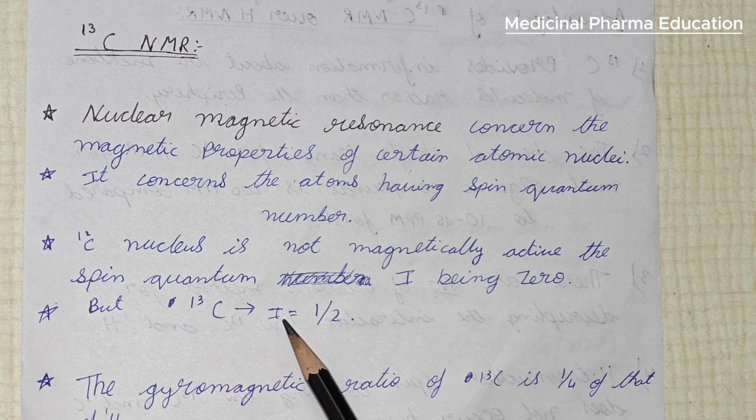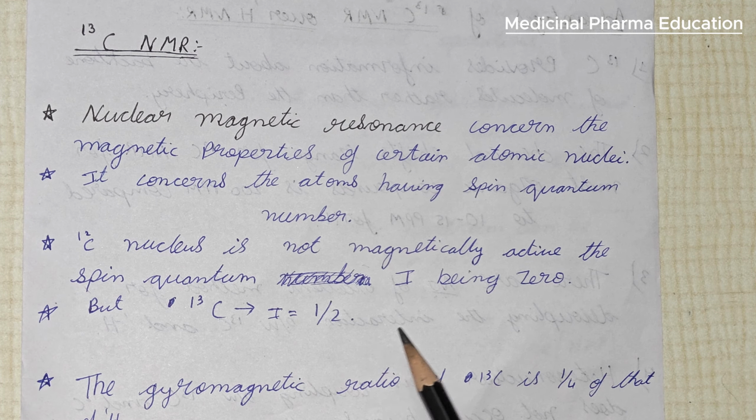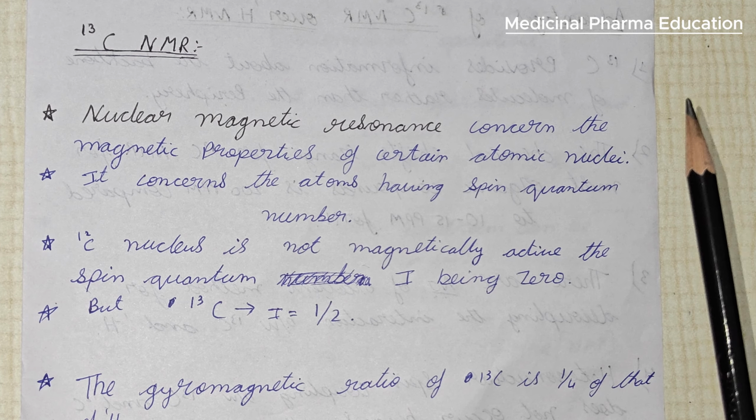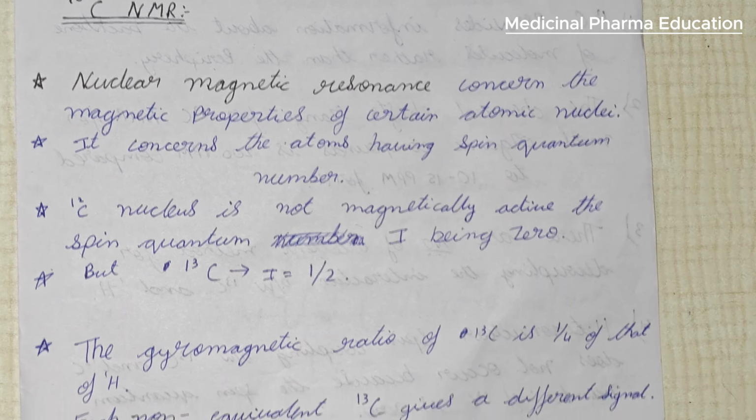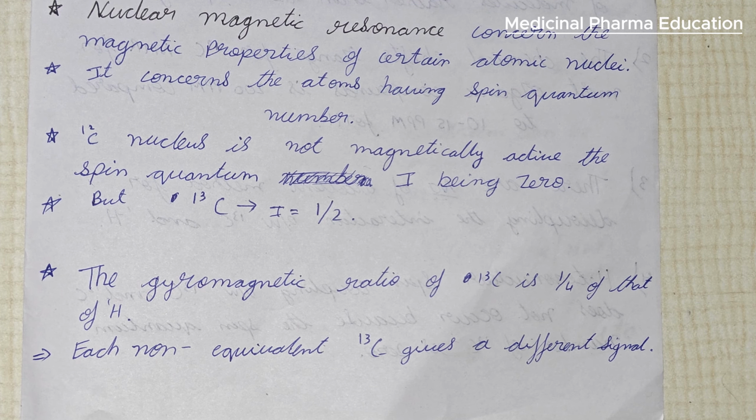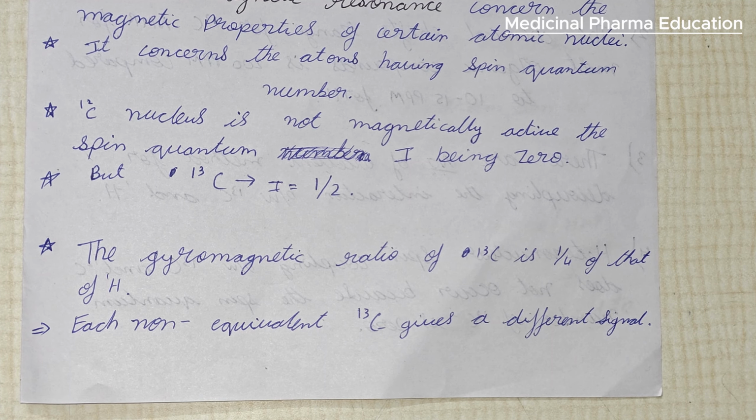But 13C, I equals 1 by 2. It is active and it has many advantages over 1H or hydrogen NMR. We will go through that also. The gyromagnetic ratio of 13C is 1 by 4 of that of H. Each non-equivalent C13 carbon gives a different signal.